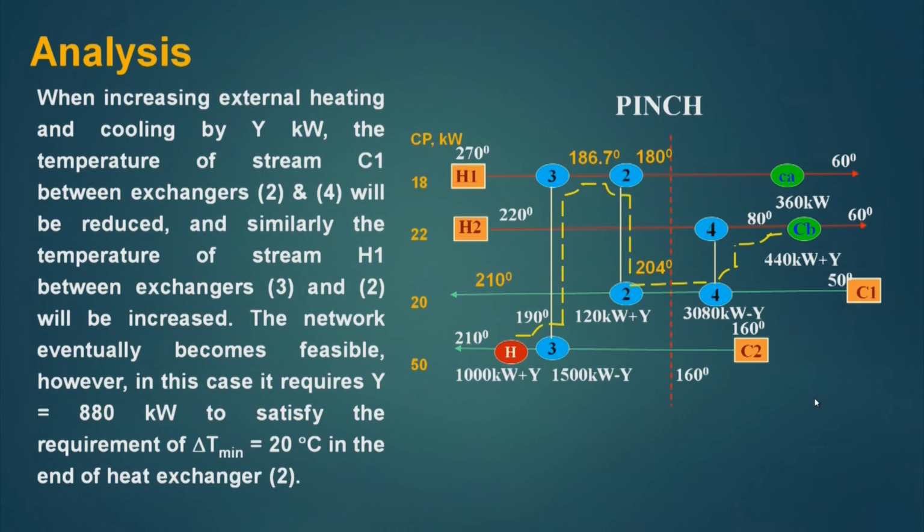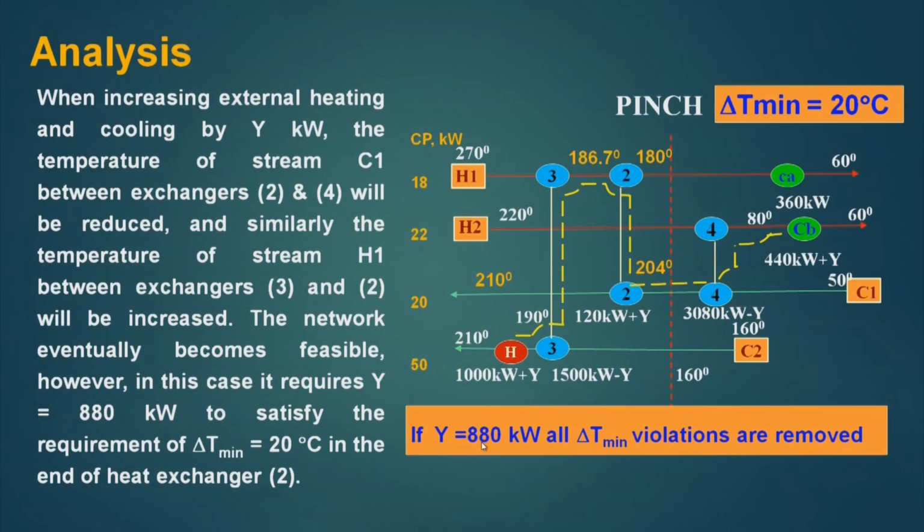So, if I take Y equal to 880 kilowatt, all delta T minimum violations are removed. So, Y becomes 880.